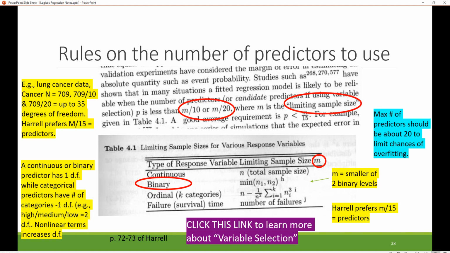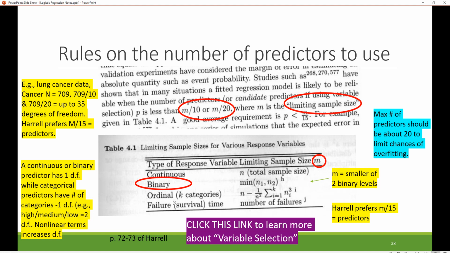Harrell actually recommends using 15 for your denominator, just because it's in between 10 and 20. If your lowest group has 40 in it, say it's the group that had a 0, then we would divide 40 by 10 or 40 by 20. That would give us either 4 or 2 predictors that we can use.